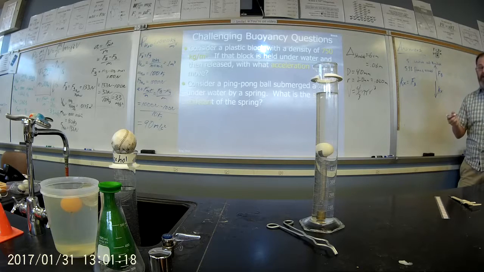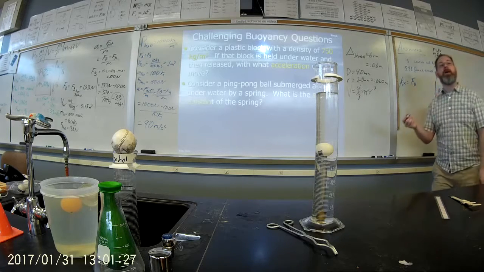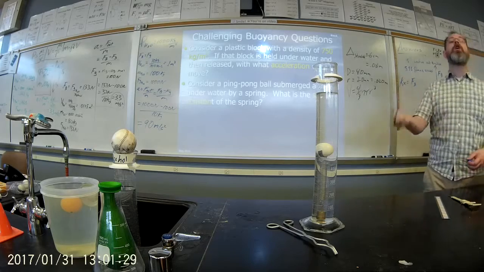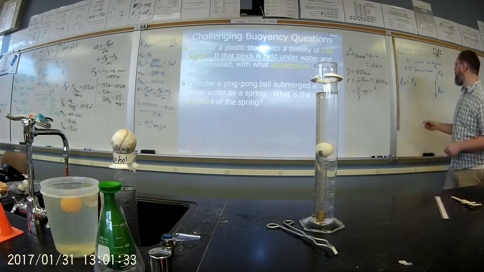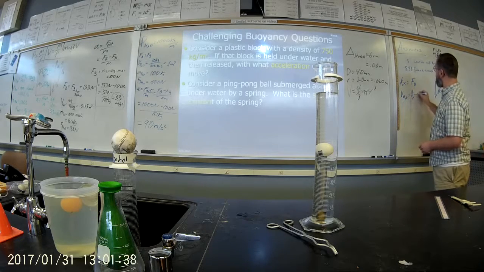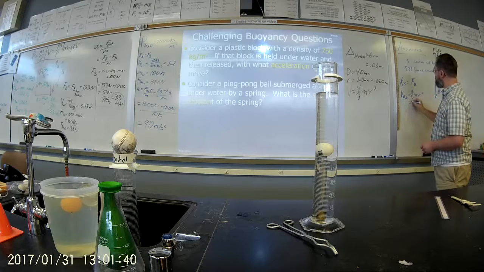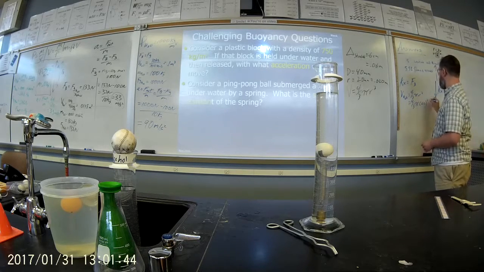F_B is still the weight of the water displaced. To get the weight of the water displaced, first we need the volume of the water displaced, then the mass of the water displaced, then the weight. So the volume of the H2O is 4/3 pi r cubed, which is 4/3 pi 0.02 cubed.